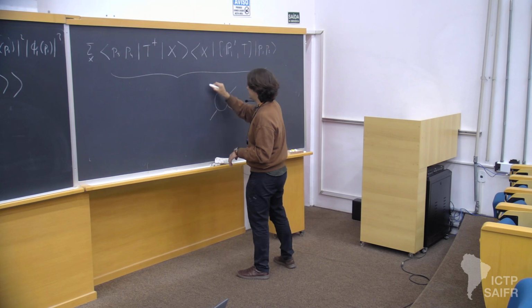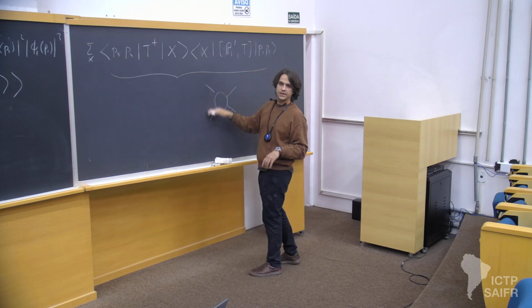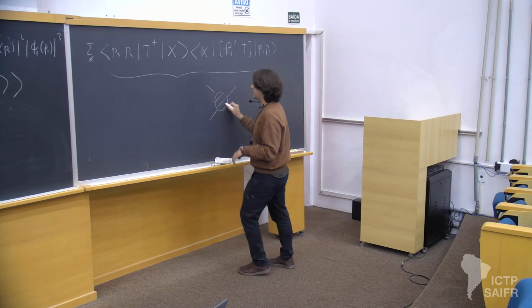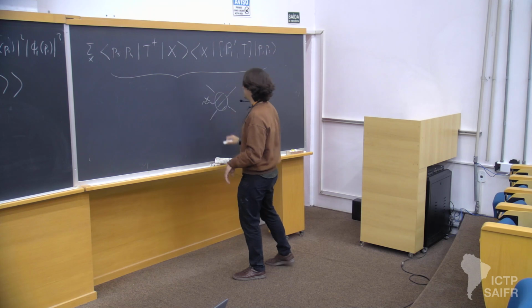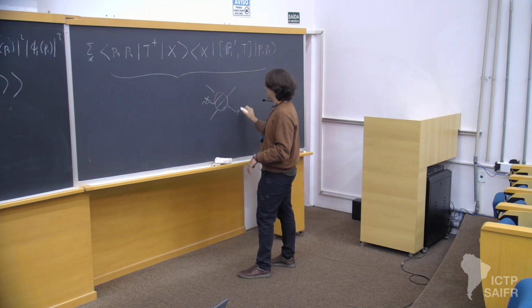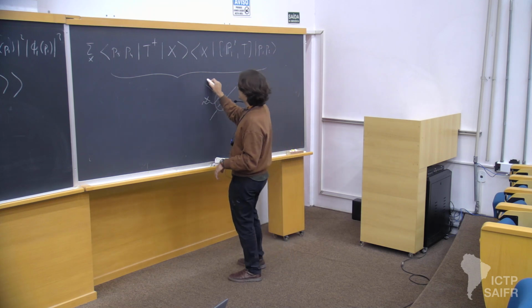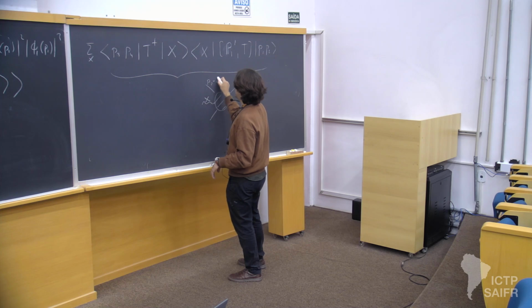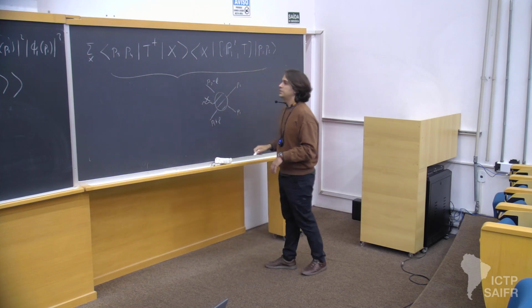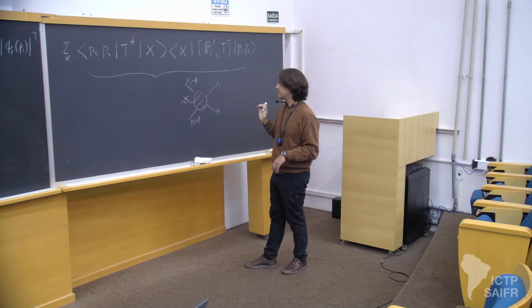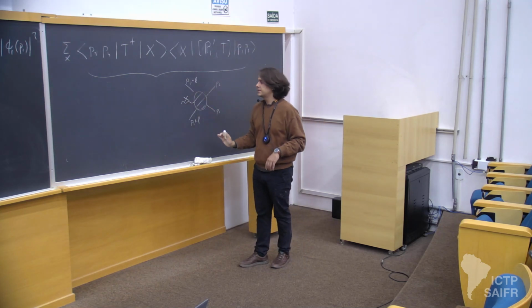So I will have my two particles in the initial and the final state, but I can have some additional states X. So I'll have P1, P2, and then maybe here I have P2 minus some L, P1 plus some L, which is not the total transfer, right? Because this is some intermediate process.